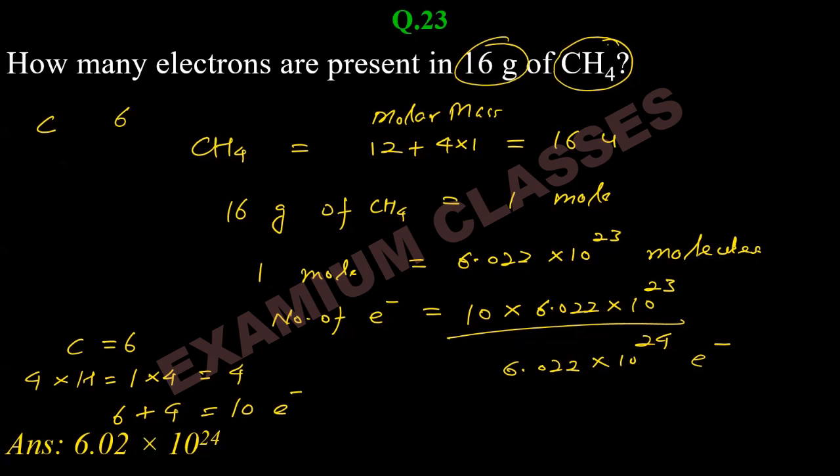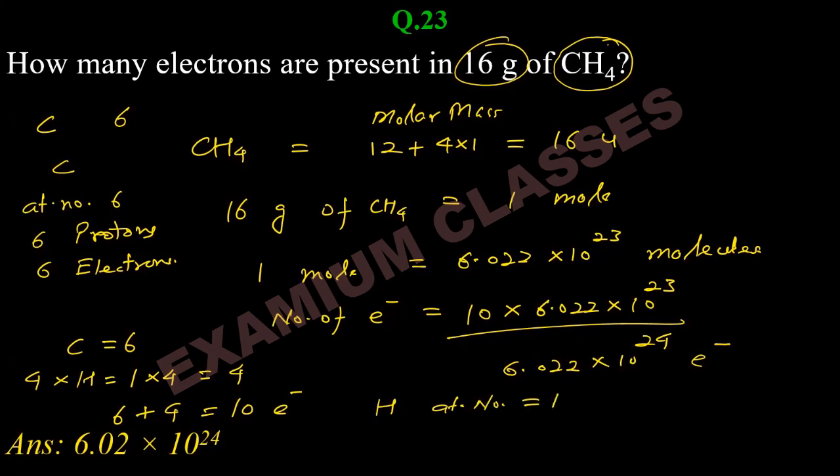For example, carbon's atomic number is 6, and this is not an ion, so it will have 6 protons and 6 electrons. Hydrogen's atomic number is 1, so it has 1 proton and 1 electron.